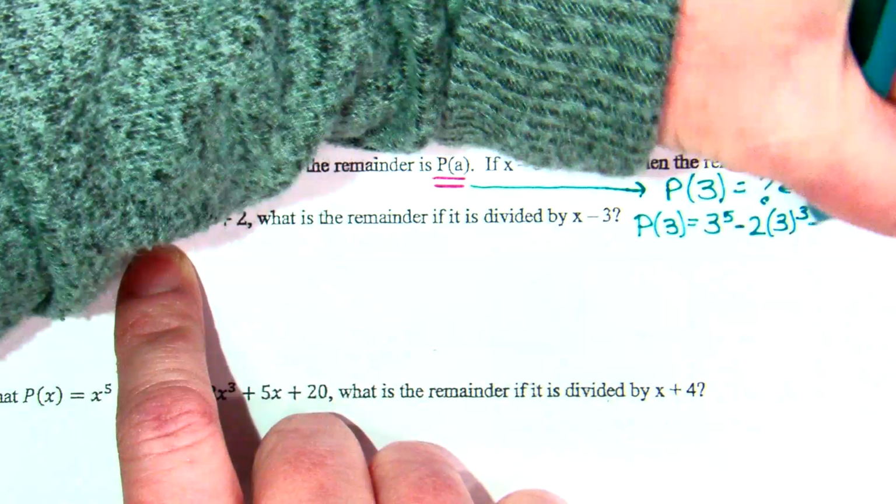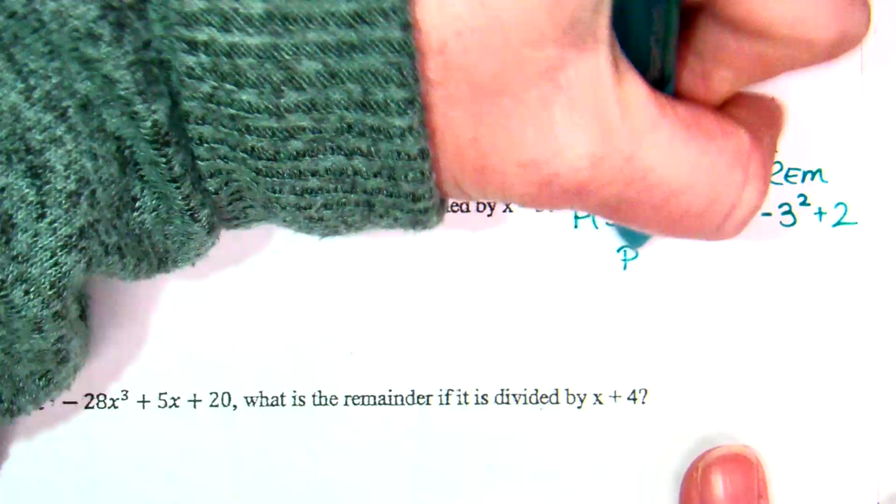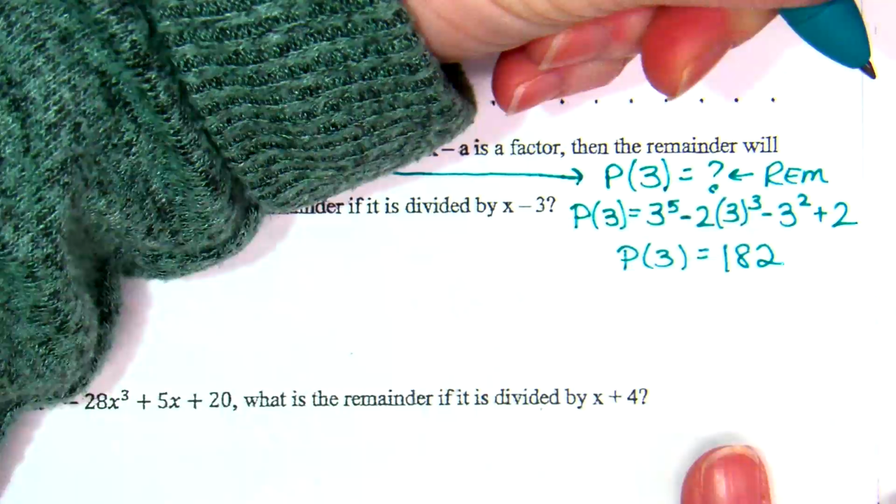And with a little bit of math, you could do that, right? Or some of you are going to say with a little bit of calculator, you could do that, right? And so I will tell you, I'm not going to take the time to do the math right now, but that works out to be 182. That 182 is your remainder.